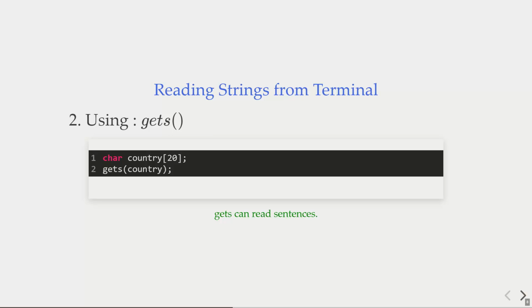The advantage is it can read sentences, so it will wait for the user to type the entire sentence, and until the user enters the enter key, everything will be stored inside the variable.